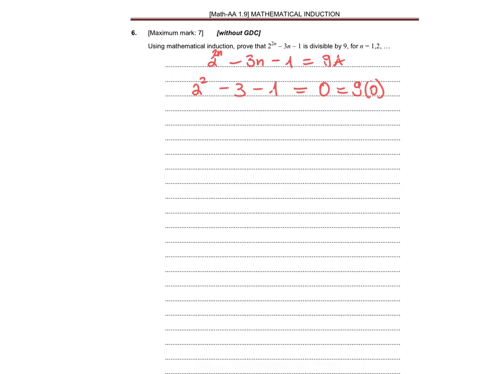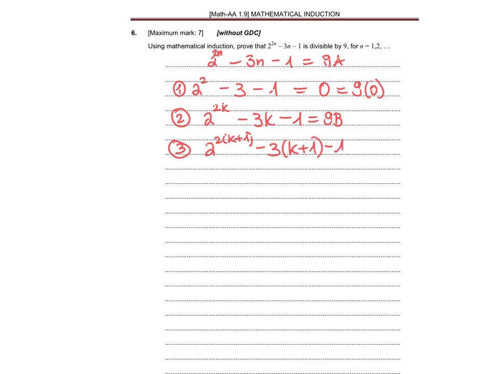So that is true for n equals 1. And then for step 2, we can say assume it's true for n equals k. And then for 3, we need to show it's true for n equals k plus 1.